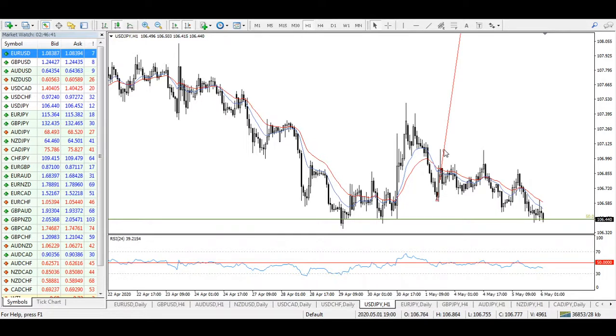Let's look at this upswing. All right, this is similar, again an upswing, again a similar kind of upswing, but this is just a retracement, and the market has continued to the downside.